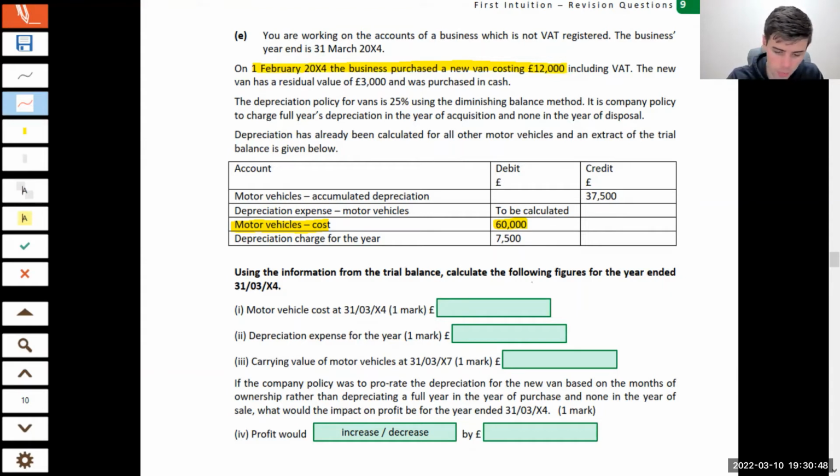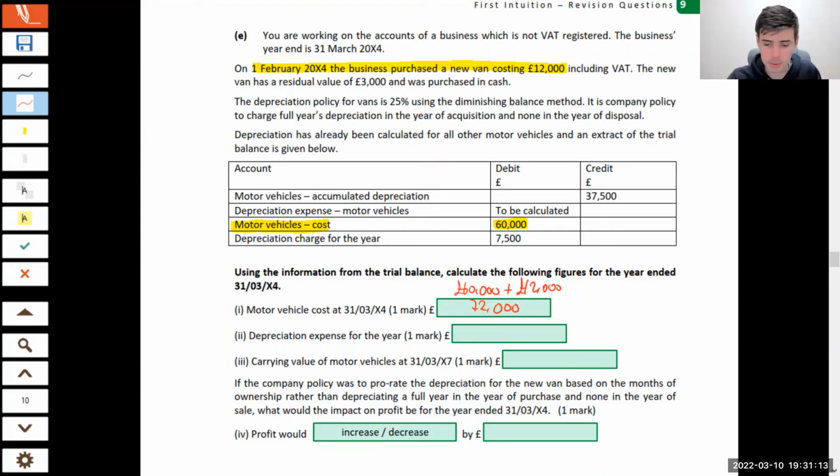I've already got an opening balance of £60,000. I've got a new acquisition of £12,000. So at the end of all this, the motor vehicles account would have a balance of £72,000, wouldn't it? I'm just literally taking the opening balance, adding on the new acquisition.